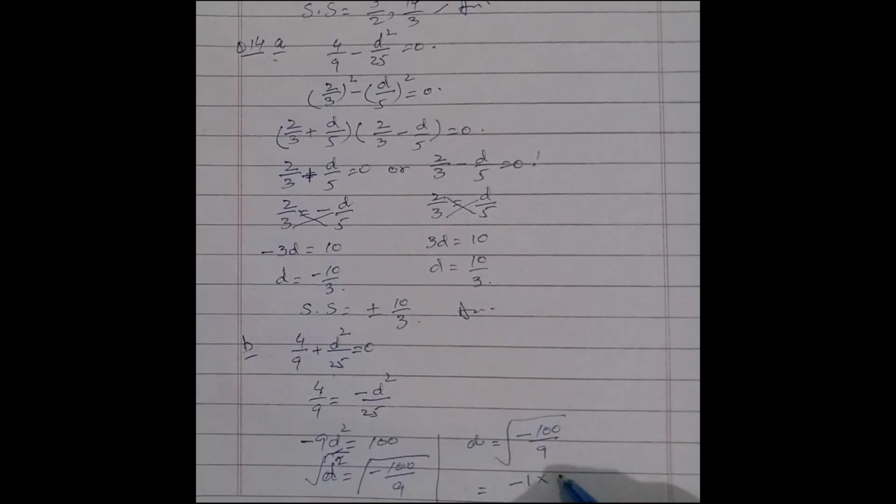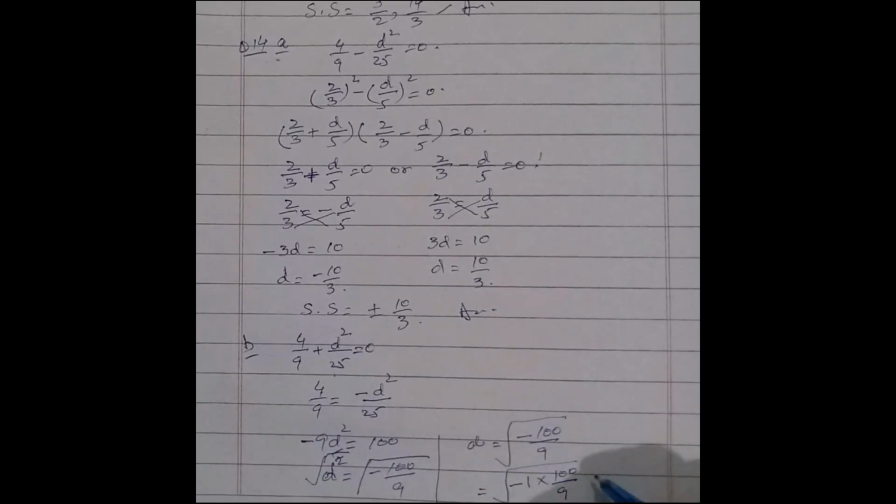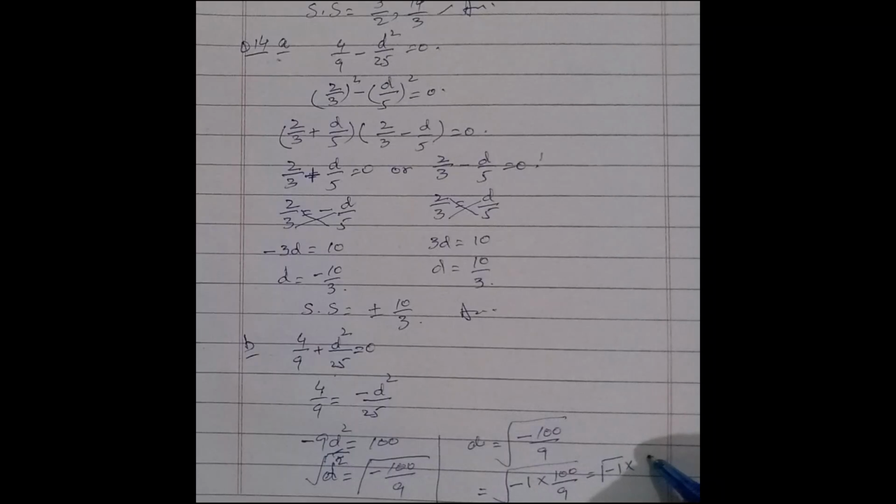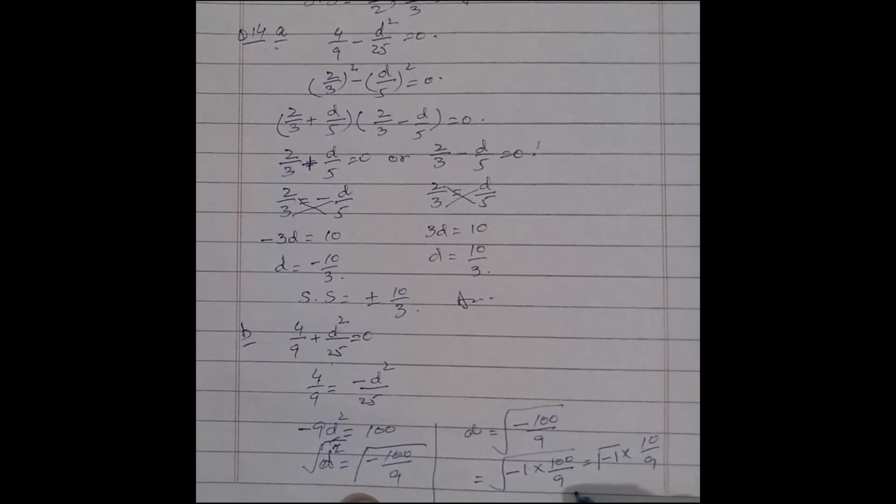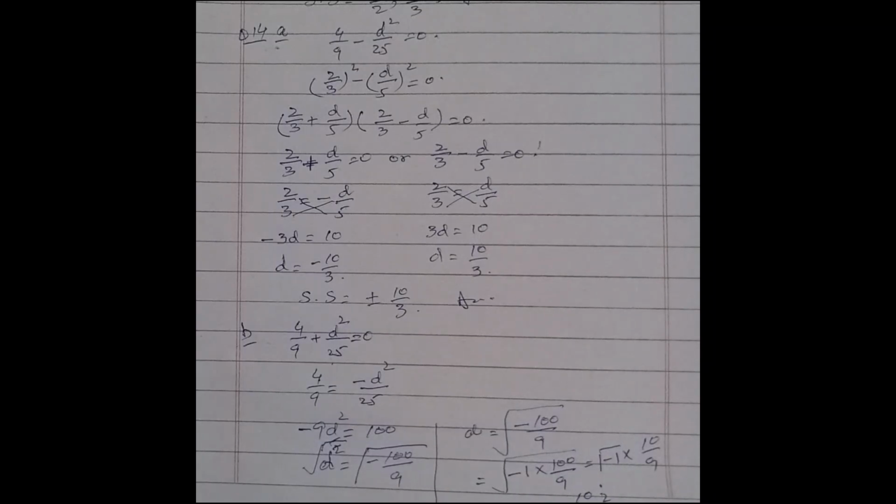Minus 1 multiplied by 100 over 9, whole square root. The square root of minus 1 into the square root of 100 over 9, which is 10 over 3. We know that the square root of minus 1 is iota, and 10 over 3 iota means it is an imaginary number, not a real number.